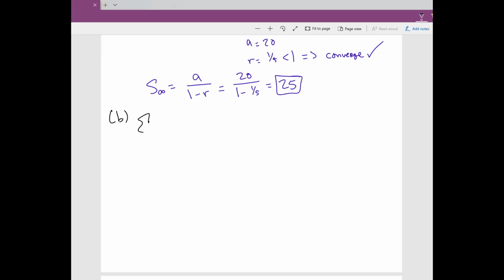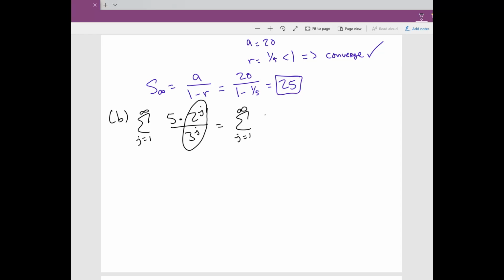Let's say we have the sum from j goes from 1 to infinity of 5 times 2 to the j over 3 to the power of j. I can see that these j's are kind of together.